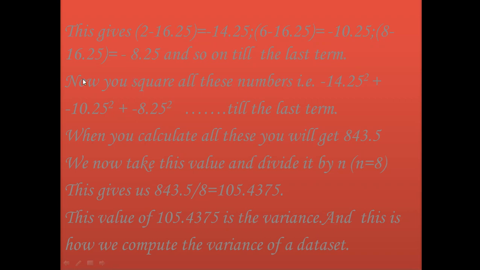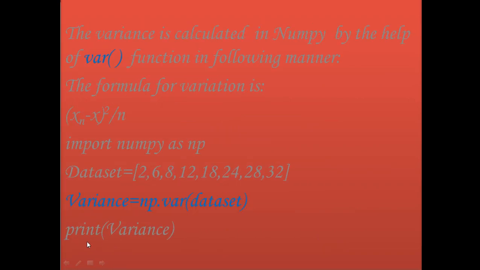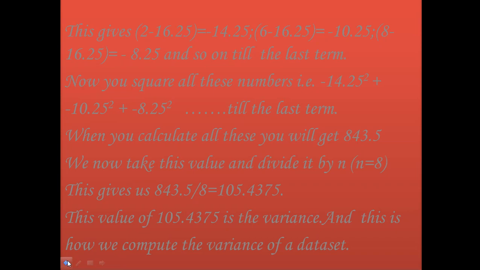After this, you will square all these numbers. That means minus 14.25, you will square it. Minus 10.25, you will square this. Minus 8.25, you will square this. And afterwards, you need to add all these squared numbers till the last term, meaning you have to go till the last element of the array.